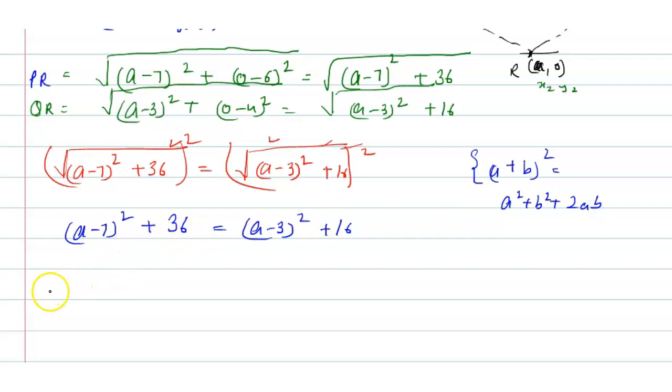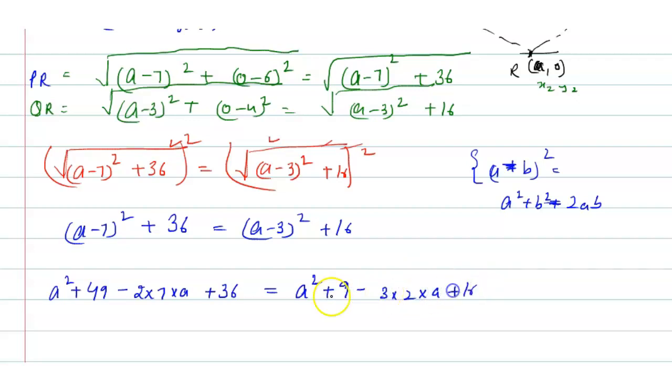So we'll put here a² plus, here it is a − b, so minus: a² + 7 sevens are 49 − 2 × 7 × a + 36 equals a² + 3 threes are 9 − 3 × 2 × a + 16.